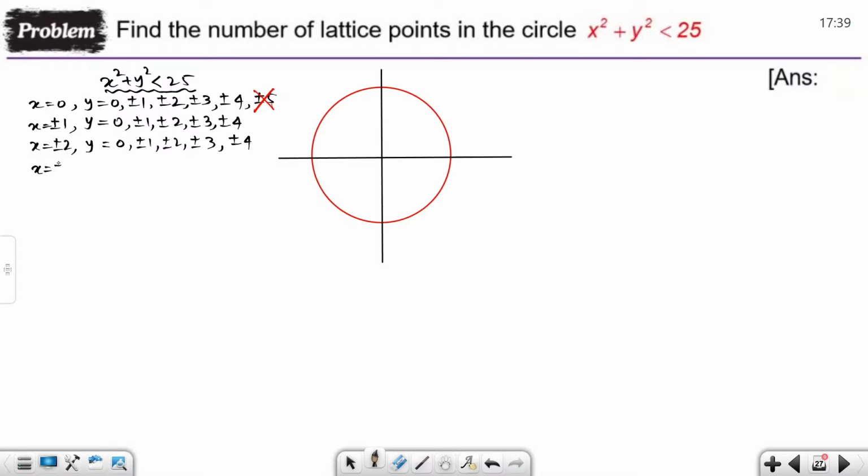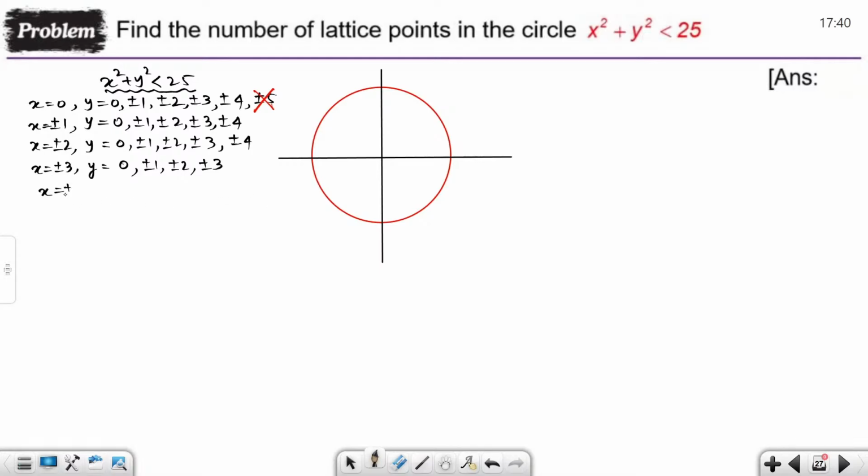Now if x is plus minus 3, what is the value of y? Y can be 0, plus minus 1, plus minus 2, plus minus 3. But it will not take plus minus 4, otherwise the value will become 25, which is not accepted.